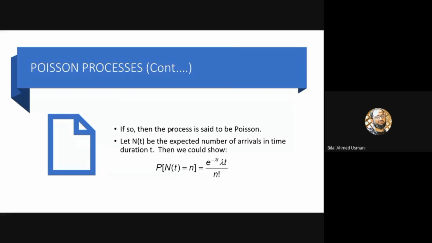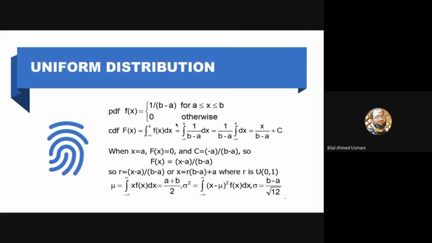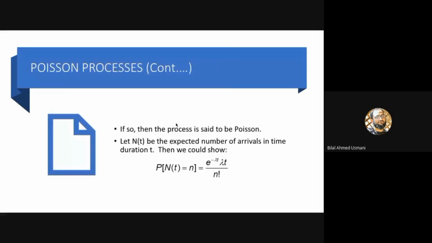So this process is said to be a Poisson process, and then we can always use Poisson distribution. You should know this really well. We can always use Poisson distribution to estimate the expected arrival times and the duration. We will talk a bit more about this topic when we look at discrete event simulations.